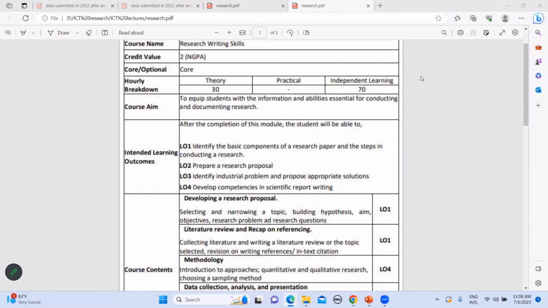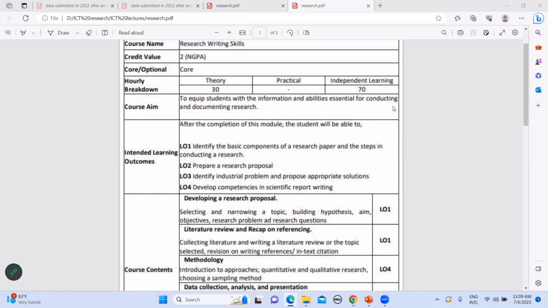Actually, these learning outcomes are not in order. First, you need to identify the research problem, and then you have to come up with the proposal, and to prepare the proposal, you need the literature review, right? And finally, you come to the research paper writing. I think we should change these learning outcomes in an appropriate way, right?